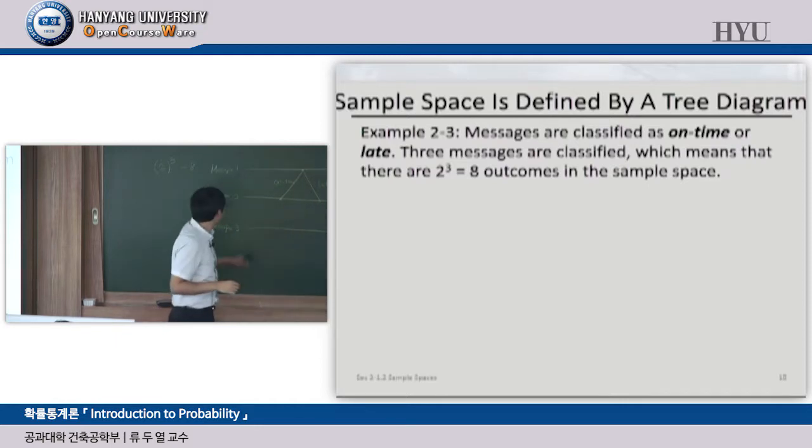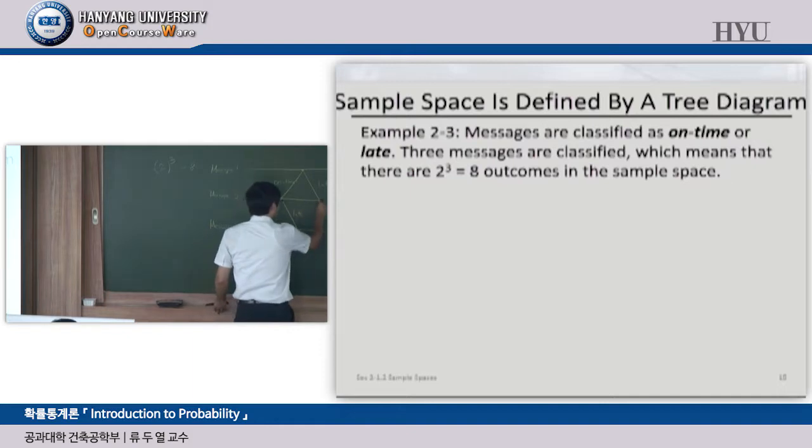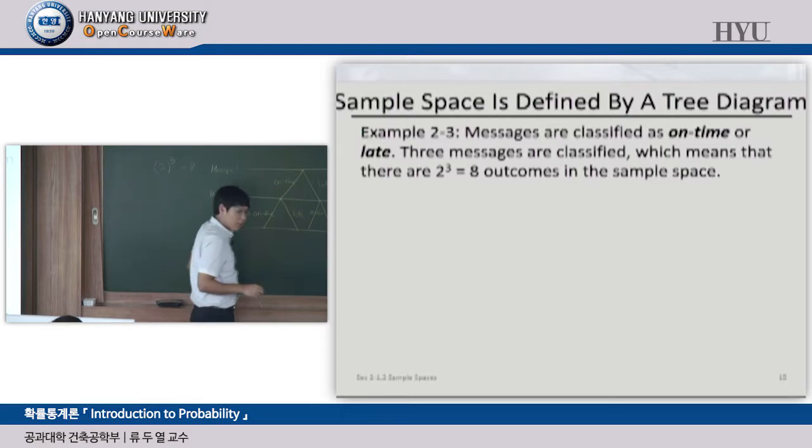And in the case that message 1 arrives on time, we have 2 more options for message 2, which are on time and late. And also, in the case that message 1 arrives late, we have the same 2 options: message 2 arrives on time or late. Okay?